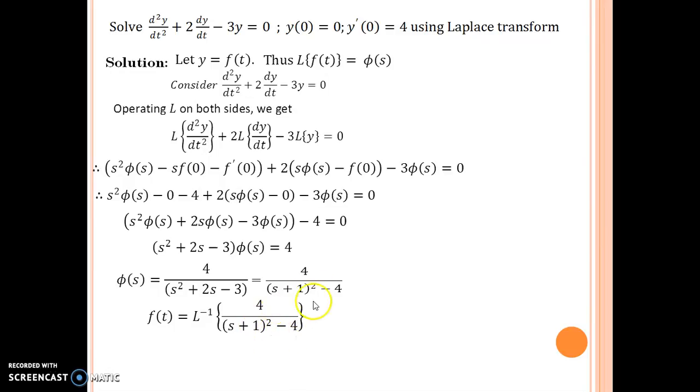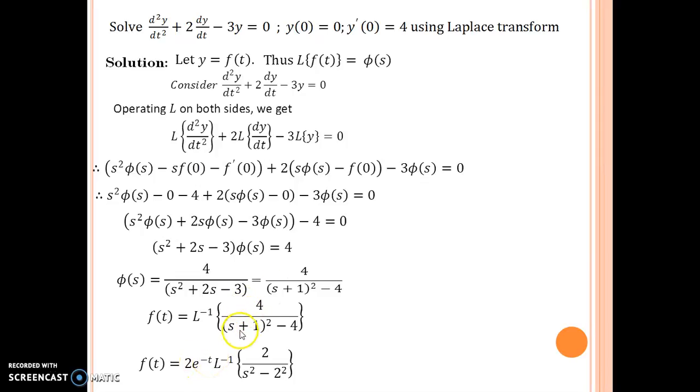Now observe here, there is a shift. If you can understand this in advance, it is important. This is the Laplace of some standard function. If you have your formula list ready with you, it is nothing but a standard function related to hyperbolic functions. So I am going to do an adjustment here. This is the shift, and I am taking care of the shift by e to the power minus t.